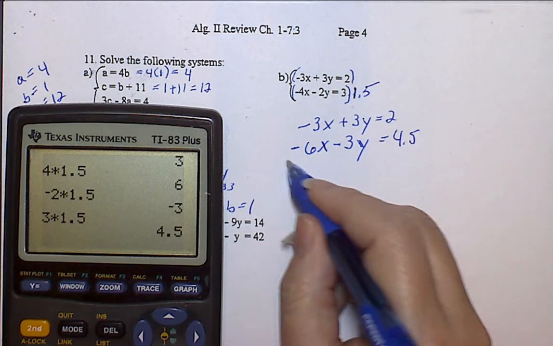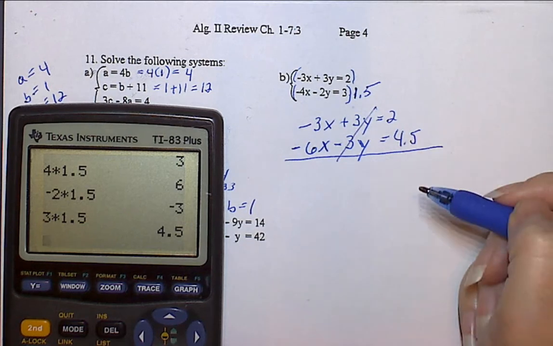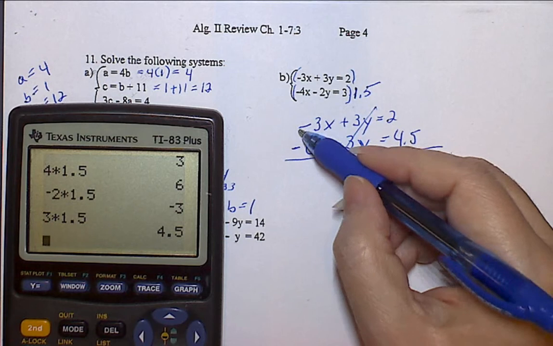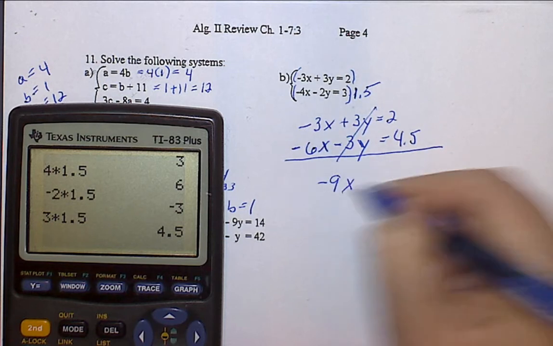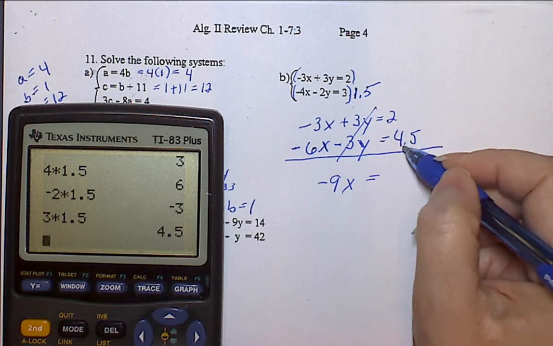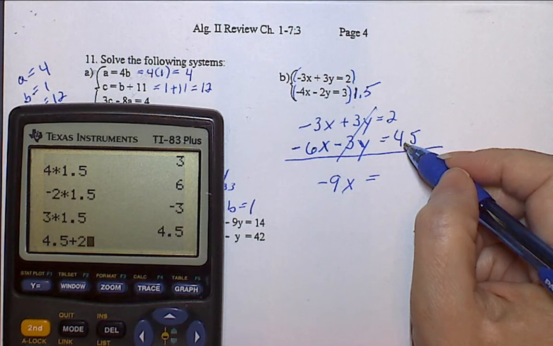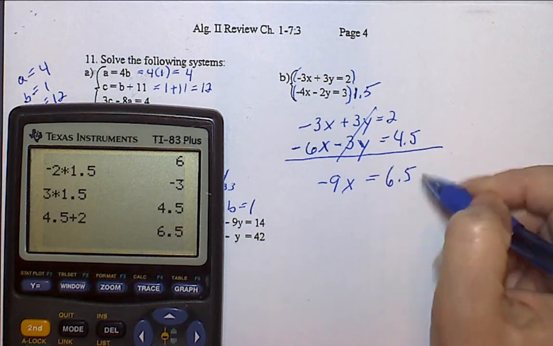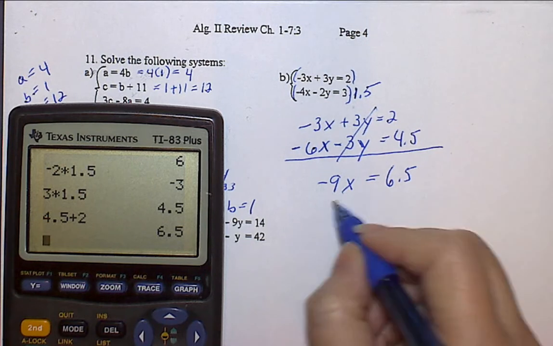Linear combination then tells me to add down, so my y's are gone. And then I have negative 3 times negative 6 is negative 9x is equal to 4.5 plus 2 is 6.5. Alright, and divide by my negative 9.